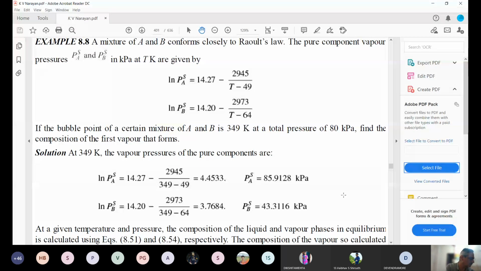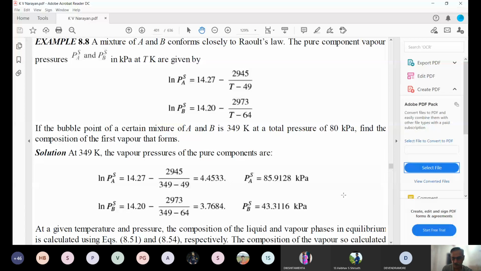What was the question? The bubble point of a certain mixture of A and B is 349 Kelvin at a pressure of 80 kPa. Find the composition of the first vapor that formed, right? At the bubble point, we found the liquid composition x and then the vapor composition. So x is 0.86, y is 0.92 something, right?